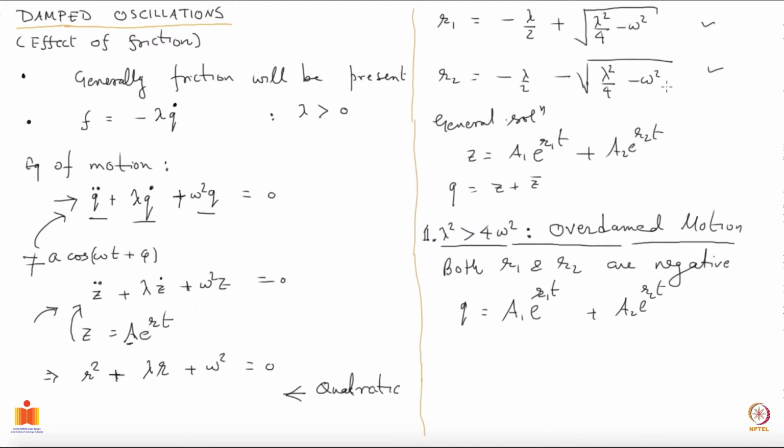Now the second possibility is that what you have in the square root vanishes. So lambda square over 4 is omega square. Let's look at that possibility now. Possibility 2 is lambda square equal to 4 omega square, and we will call it the critically damped case.